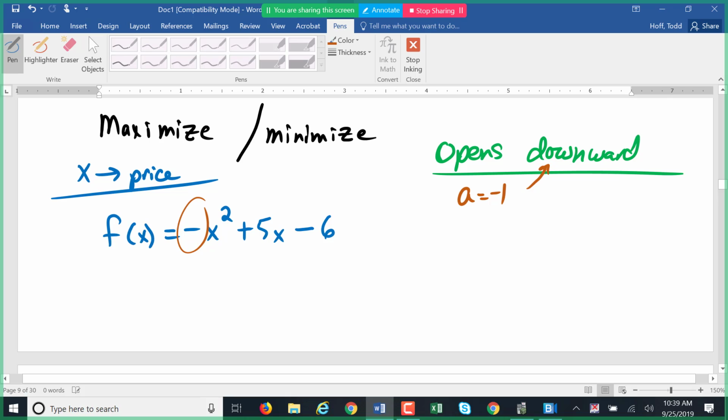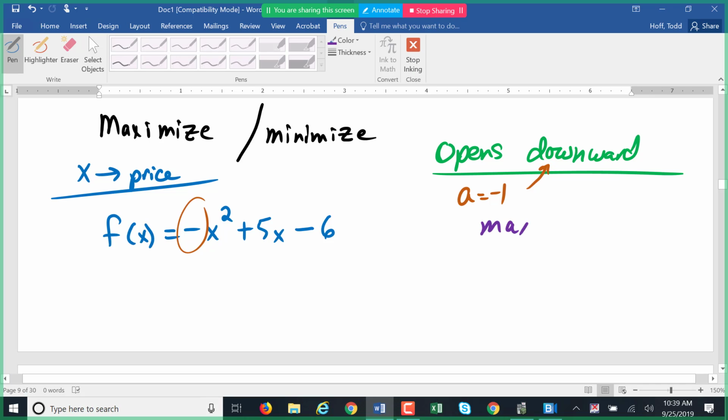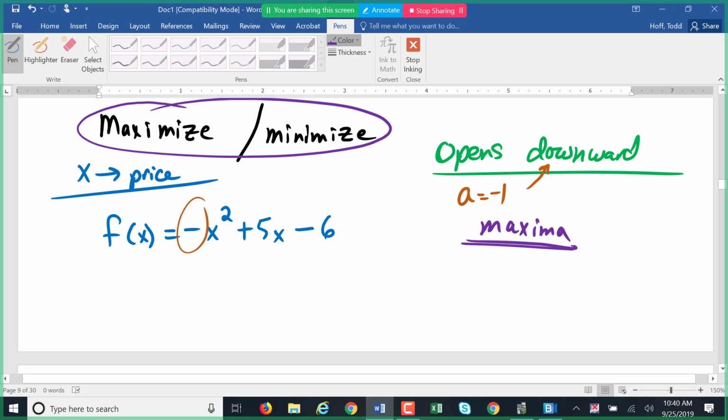So that means we're going to have a maxima. A maxima is just the name of the point at that maximum point of the graph. So to find that maxima, we find the vertex. The minimum and maximum are always at the vertex of the parabola.